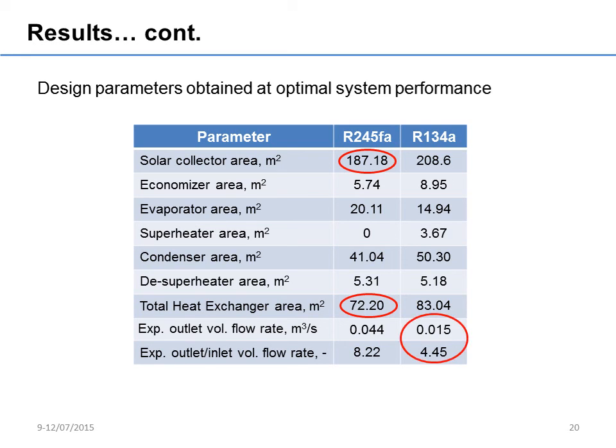Also, for the expander consideration, the expander outlet volume flow rate and the expander ratio, outlet to inlet volume flow rate, for R134A is less, which means that a smaller volume of the expander is required for R134A.